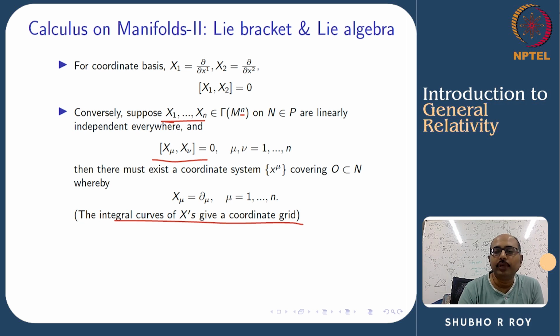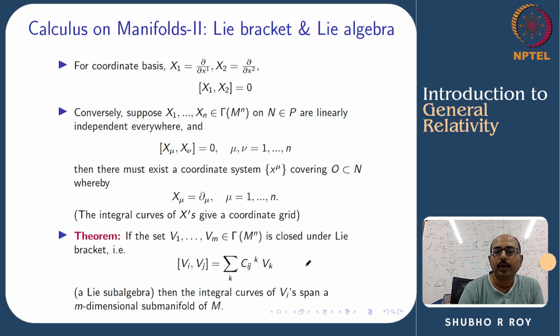And then there's a related theorem. Let's say we are in an n-dimensional manifold, but we have m vector fields, where m is less than n. So let's say we are not able to find n vector fields which are linearly independent and commute.